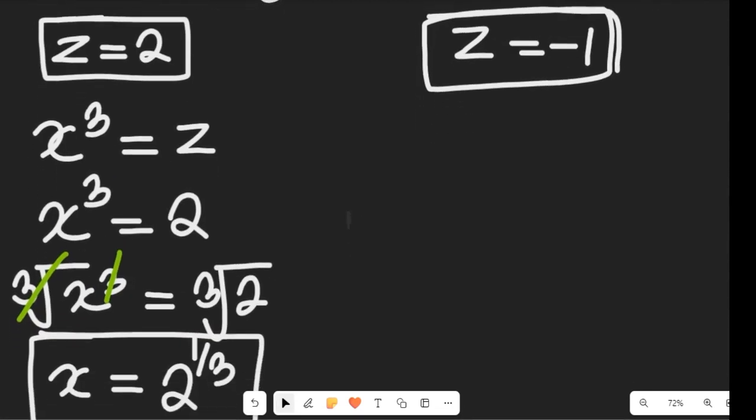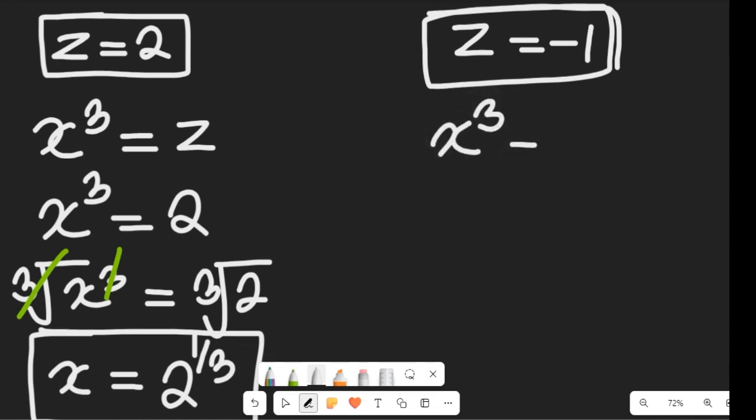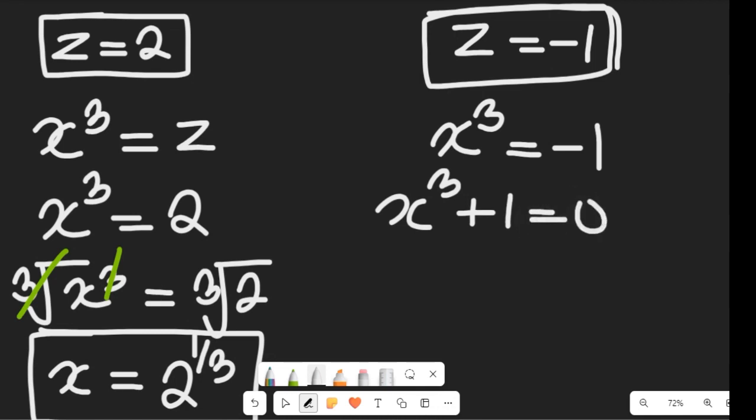Now we can find the second solution if z is equal to negative 1. With z equal to negative 1, we'll have x to the power of 3 equal to negative 1. Adding 1 to both sides, we'll have x to the power of 3 plus 1 equal to 0.